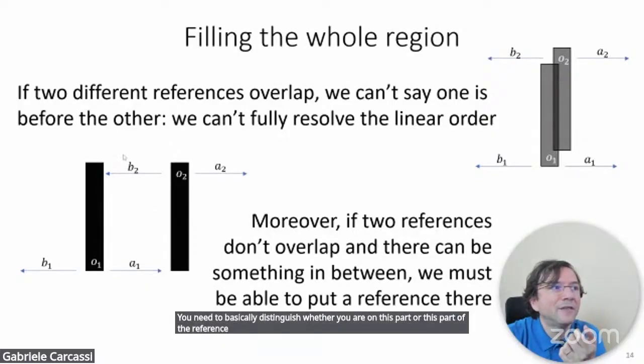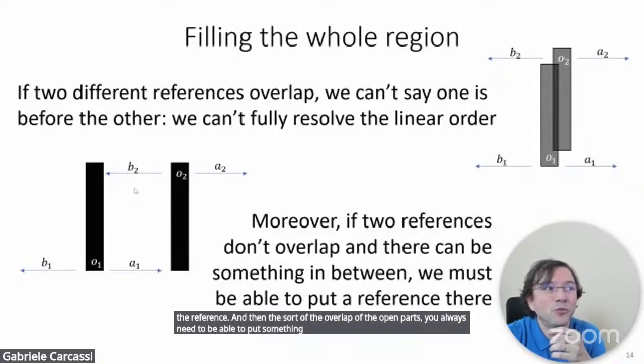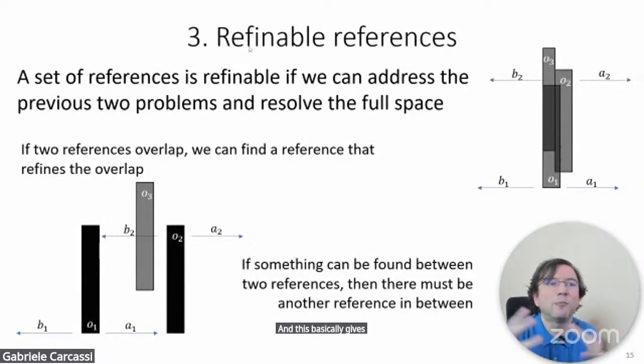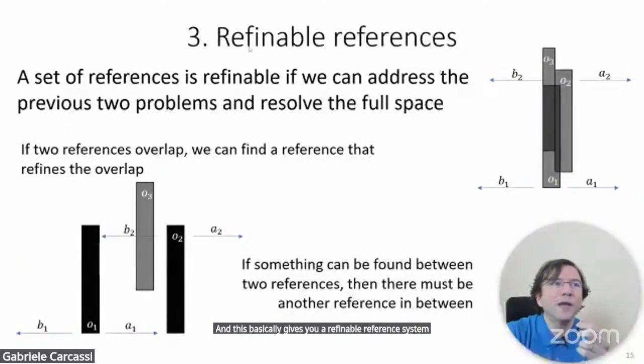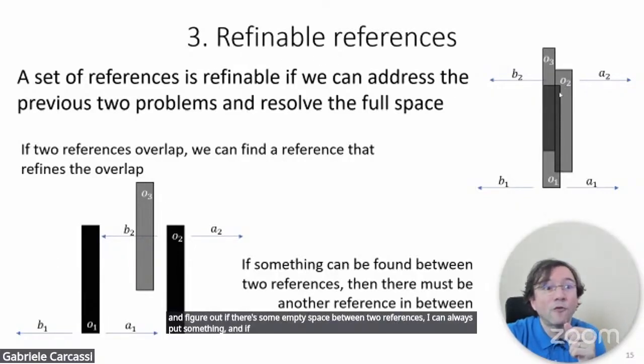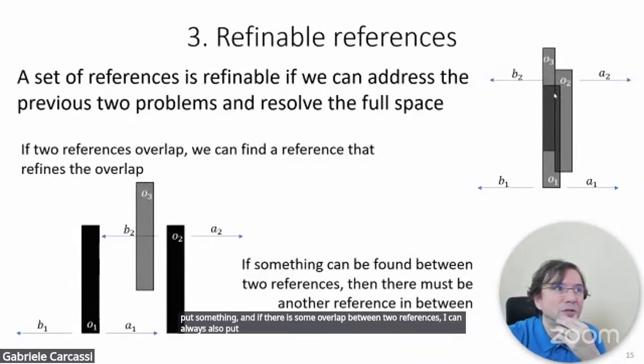And then there is the overlap of the open parts. You always need to be able to put something in between if there can be something in between. And this basically gives you a refinable reference system. You can always figure out if there is some empty space between two references, I can always put something there. And if there is some overlap between two references, I can also put something there to distinguish this.